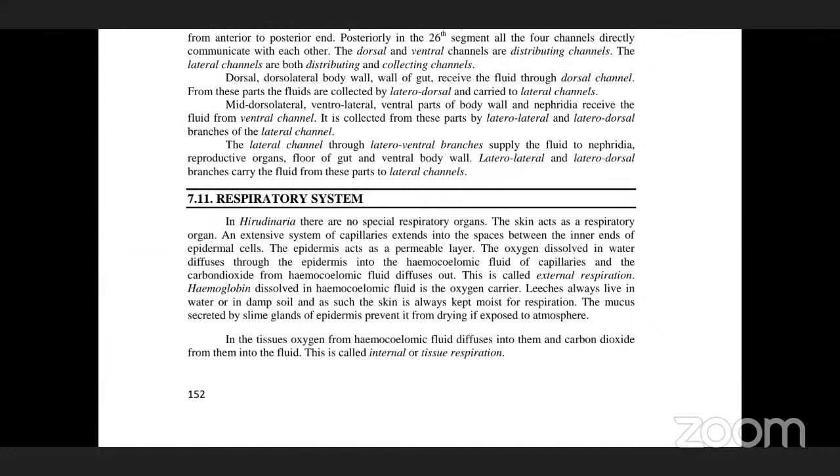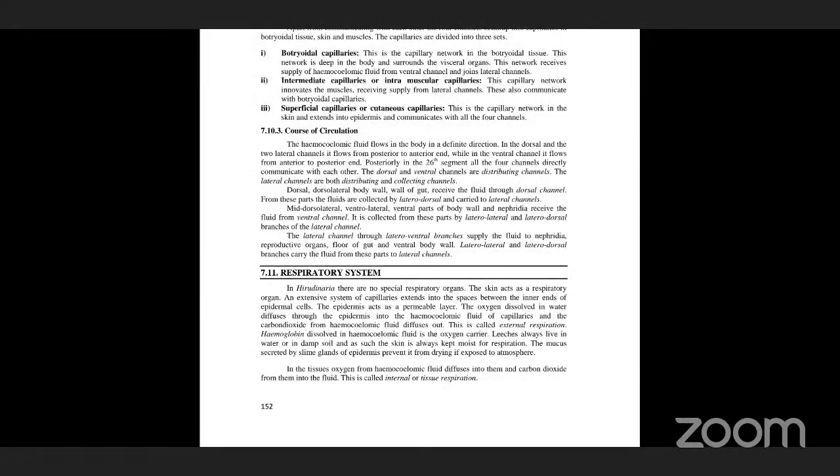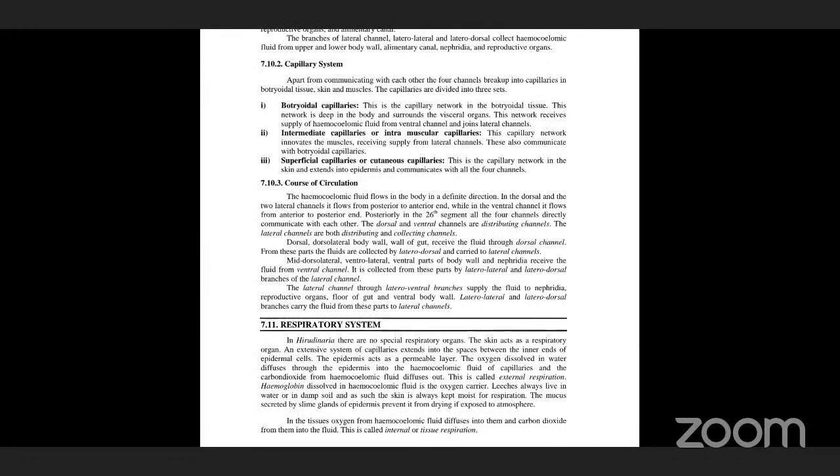And hemoglobin, which is dissolved in the hemocoelomic fluid, acts as an oxygen carrier. Whatever oxygen is diffusing in the internal regions through the hemocoelomic fluid is called internal or tissue respiration, and that at the outside is called external respiration.